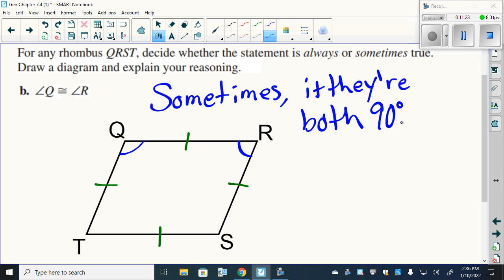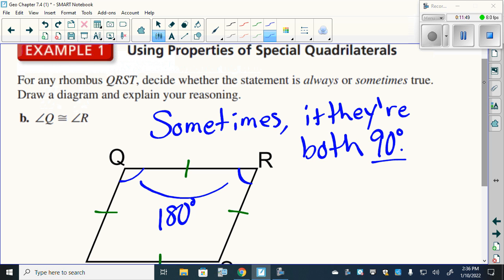Because the consecutive angles in a parallelogram add up to 180 degrees. Now, the only way that those two angles can be congruent and add together to be 180 is if they're both 90 degrees. So that'd be the only time that these two angles could be congruent.